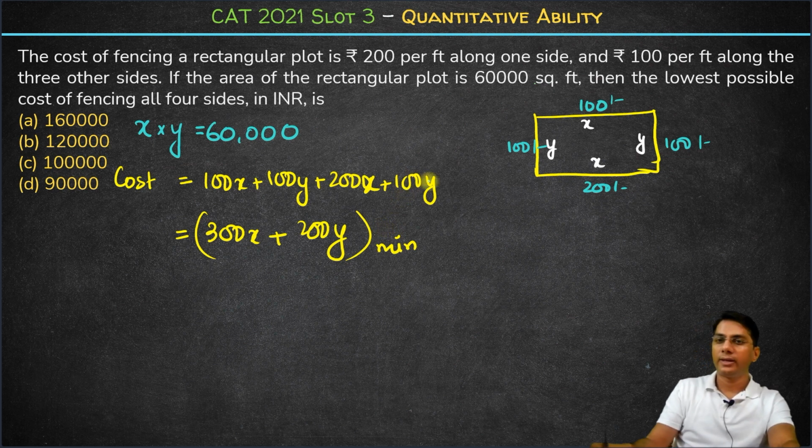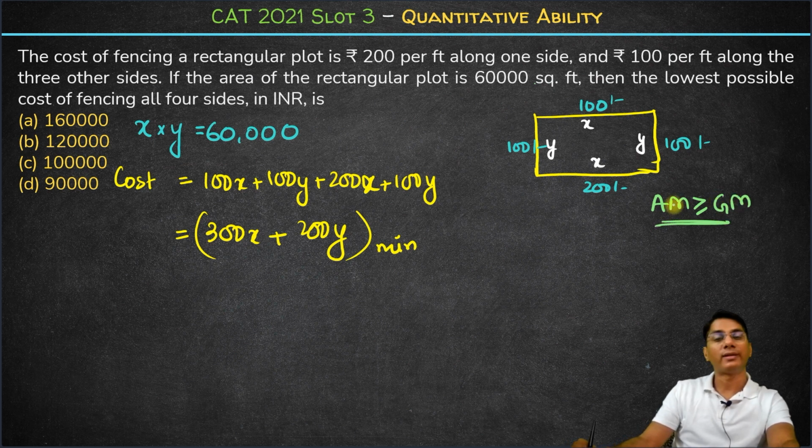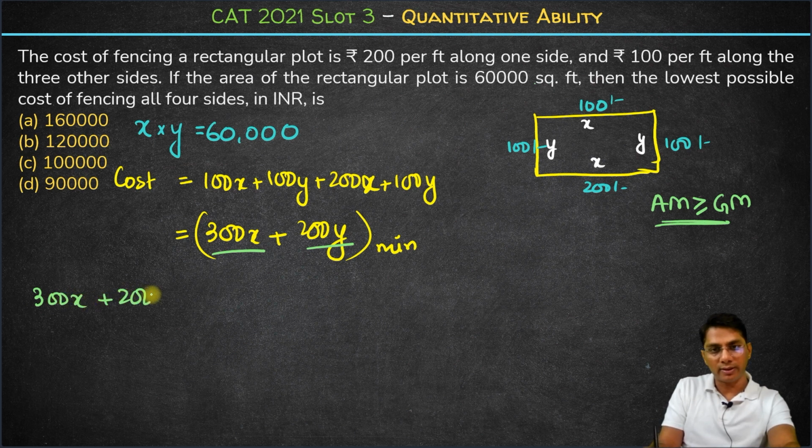So now here we'll use the property that the arithmetic mean of two numbers is always greater than or equal to their geometric mean, and the equality comes when both the numbers are equal. Considering the two numbers are 300x and 200y, their arithmetic mean will be (300x plus 200y) by 2.